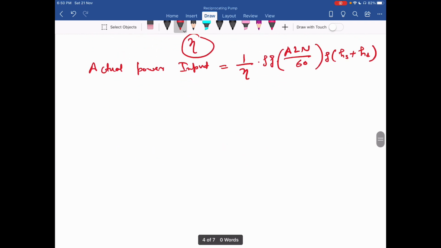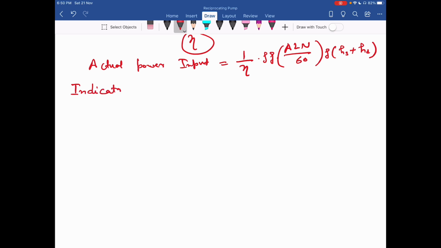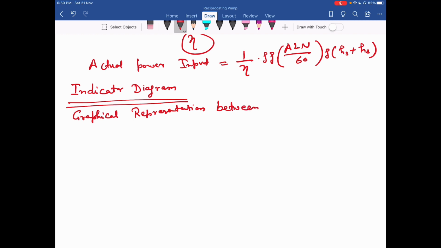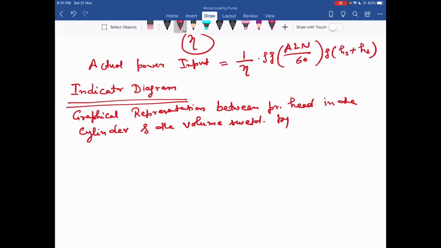The next is the indicator diagram. Now this diagram is the graphical representation between pressure head in the cylinder and the volume swept by the piston for one complete revolution or cycle.